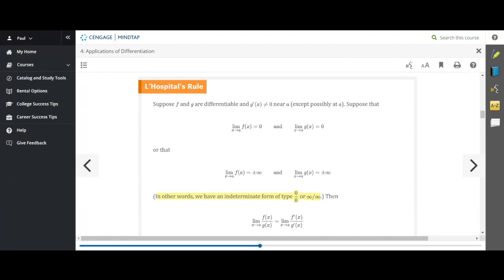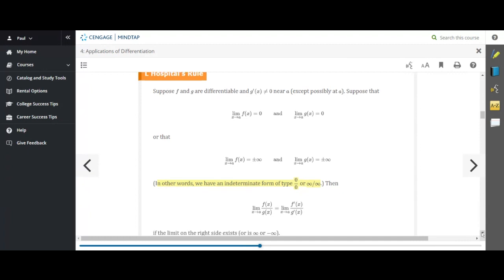If you want to find the limit of the function f over the function g as x approaches a, it turns out that's equivalent to the limit of the ratio of their derivatives as x approaches a. An absolutely amazing result, but it's absolutely true.